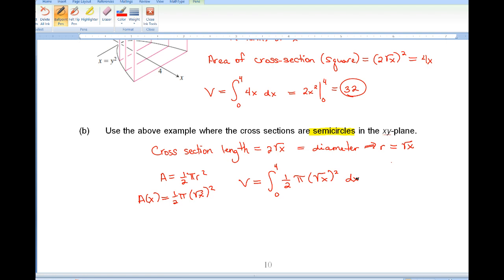I'm going to move the 1/2 and the pi out in front of the integral sign, because those are constants and it's easier. Then you just have x, so it becomes x squared over 2.